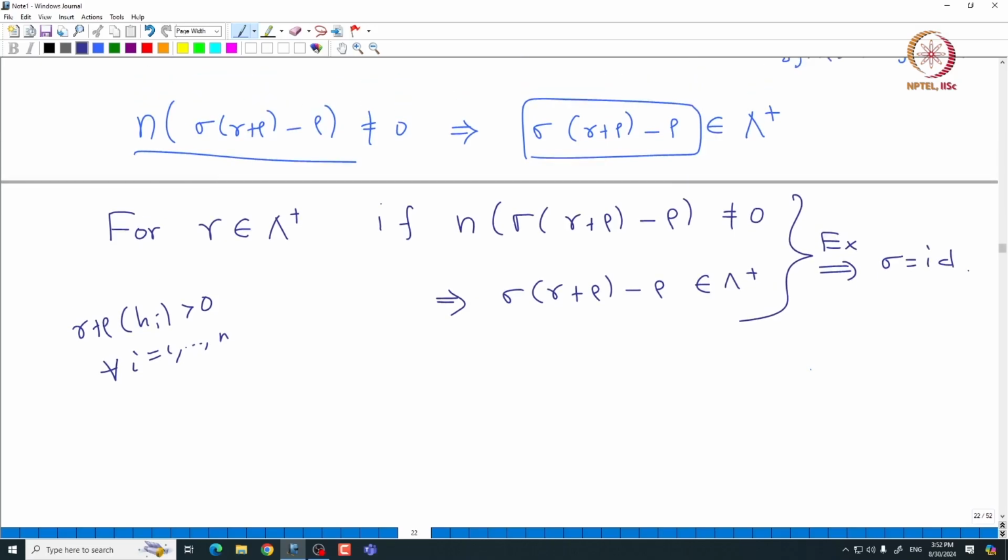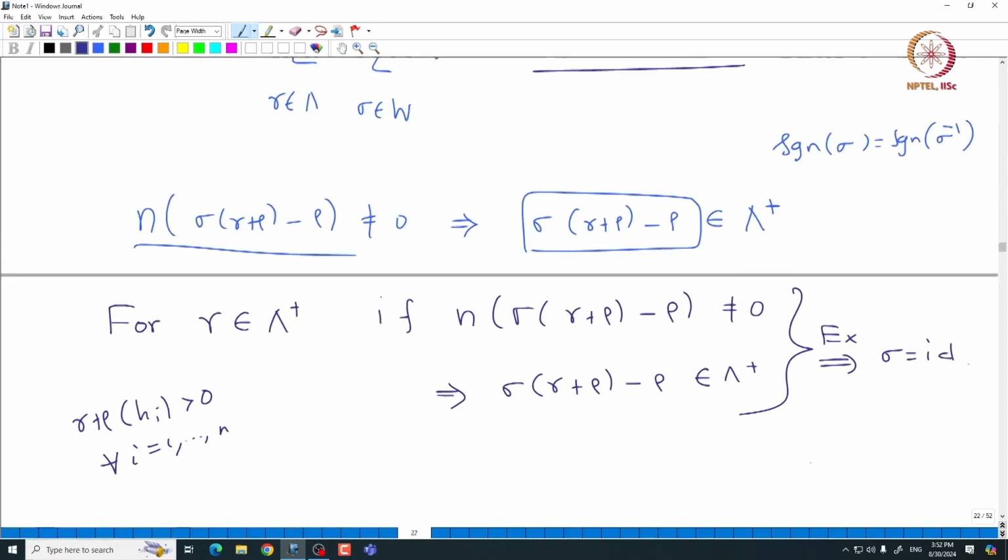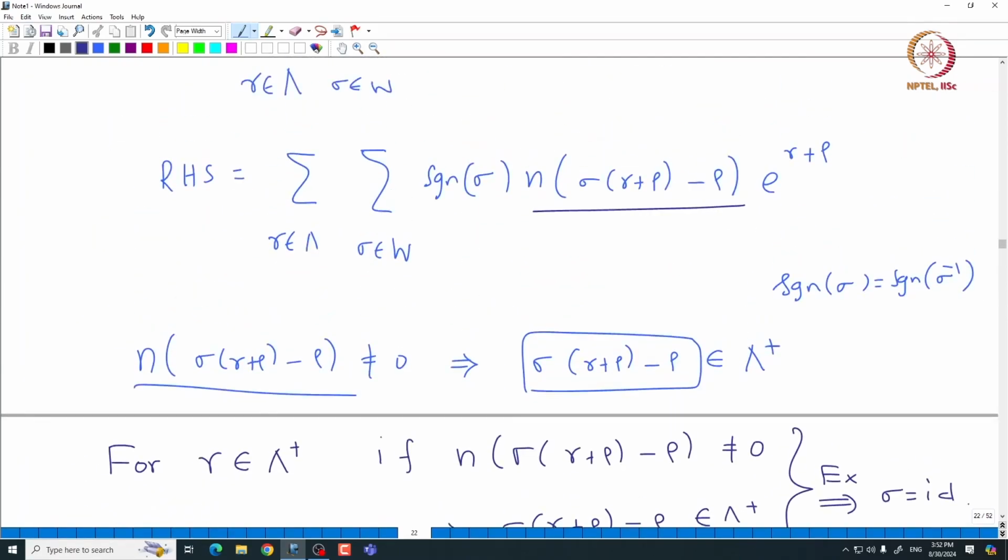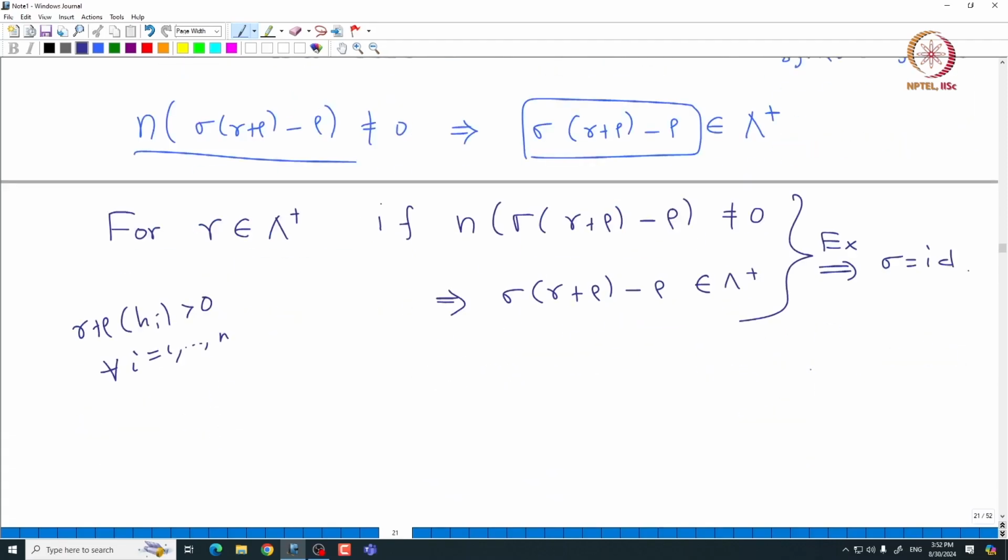So, now for gamma in lambda plus, if you compare the coefficient on both sides. So, on one side there is no contribution. For gamma dominant, you have only this n of gamma as the only coefficient on the right side.